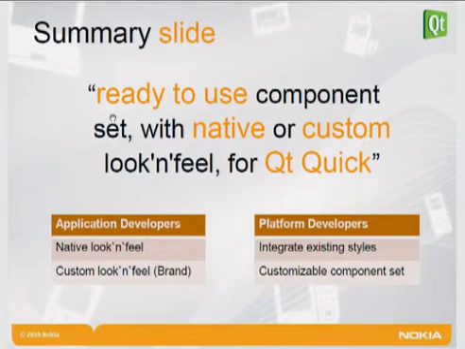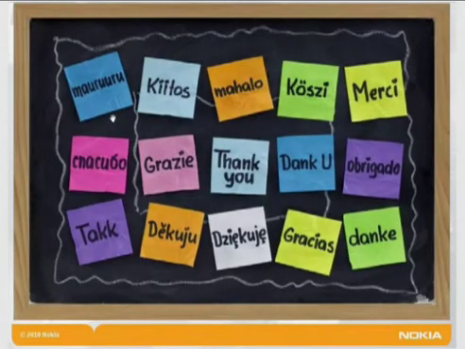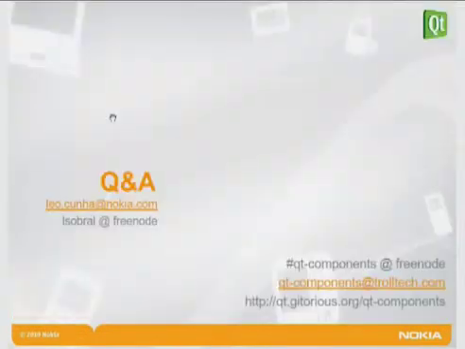So I'd like to thank you for the attention, for the time. And just to finish, before we go to the questions, I would like to emphasize that we're running Qt components as an open source project. We have the Qt components channel on freenode, so we're always hanging out there. If you have any question or want to contribute, we have the Qt components mailing list.